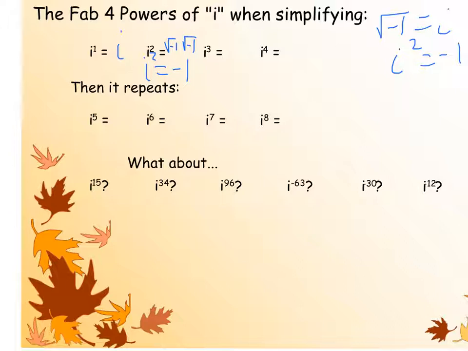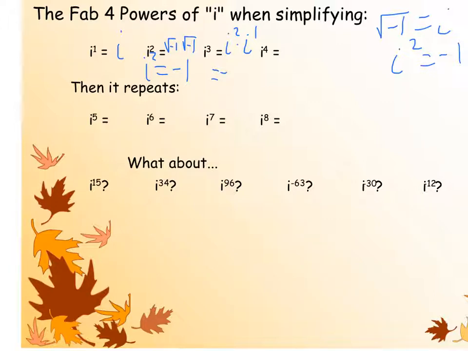And that shows us there with i squared equaling -1 that we take i, multiply it by itself, and that is actually equal to -1, which is a real number. So let's take i to the third, and let's split it up as i squared times i to the first.